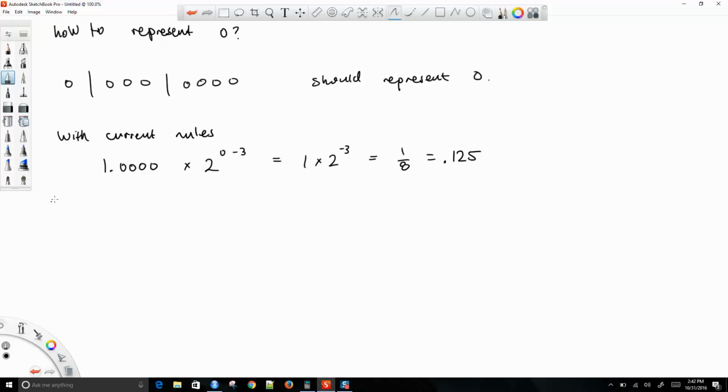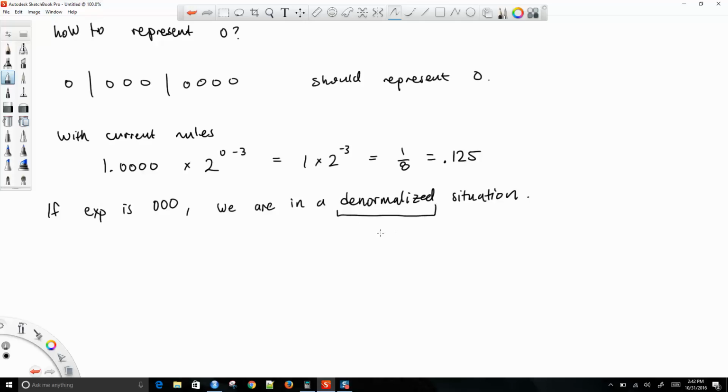In order to represent 0, we have to complicate our rules a little bit. We say if the exponent is all zeros, we are in what we call a denormalized situation. This means the leading digit in our scientific notation is not 1, but is now 0.